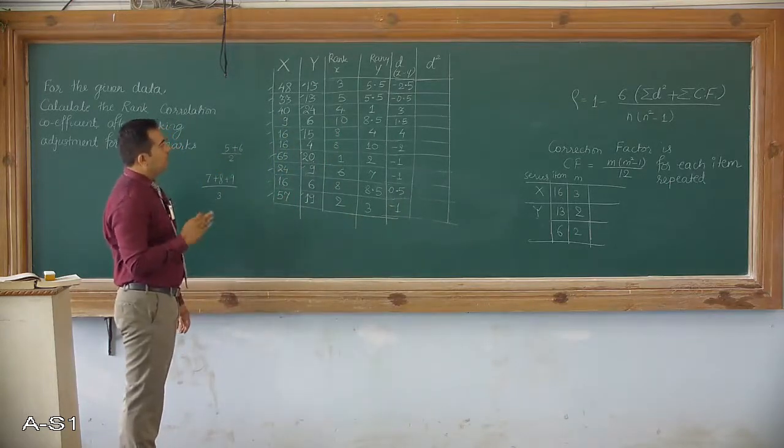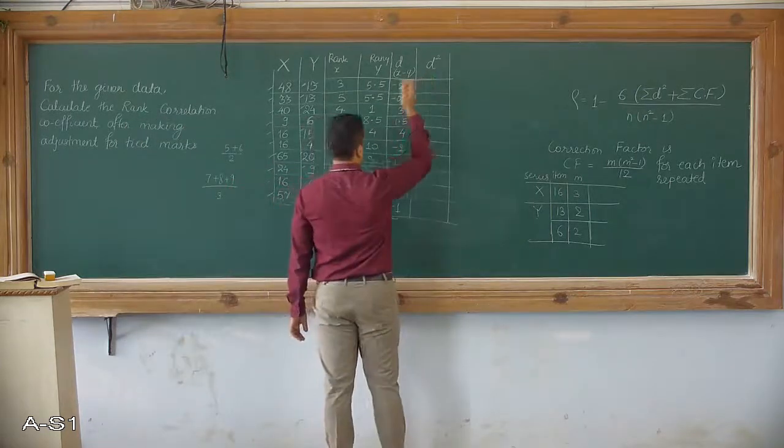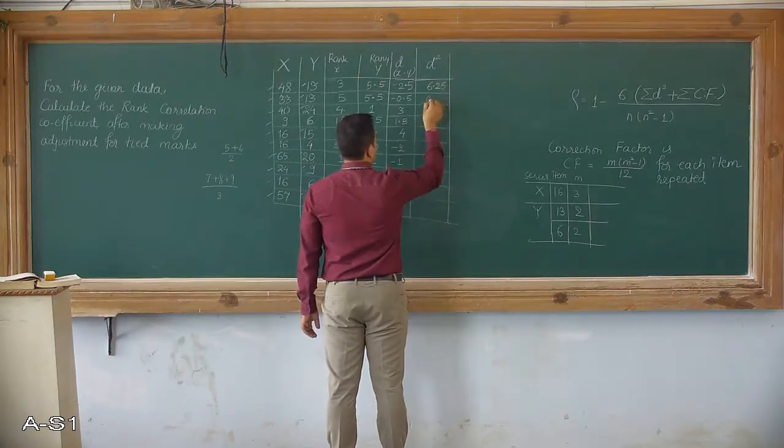Now we need to square all these deviations. Squares are always positive, so that way we can write.